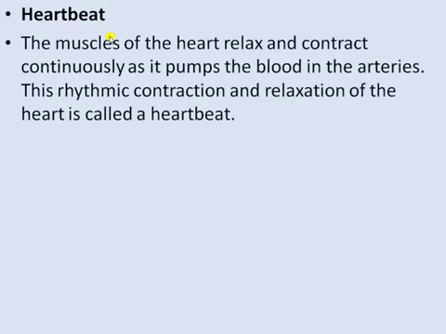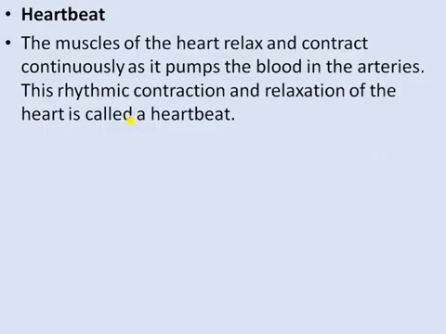Next is about the heartbeat. So the muscles of the heart relax and contract, and continuously it pumps the blood into the arteries. So this rhythmic contraction and relaxation of the heart is called heartbeat. Okay, the heart contracts and relaxes alternately in a rhythmic way.